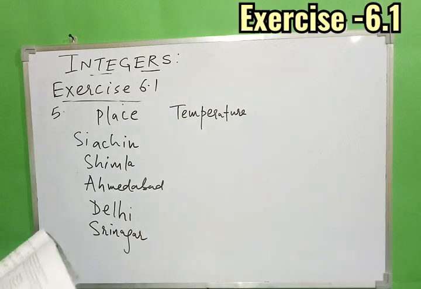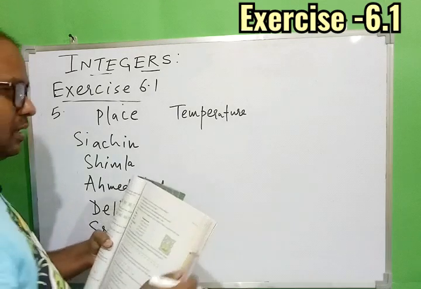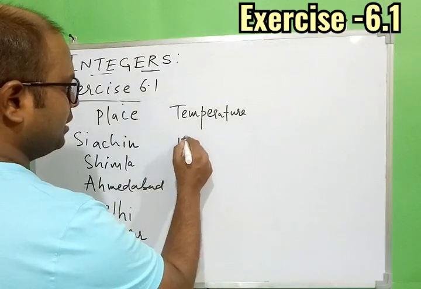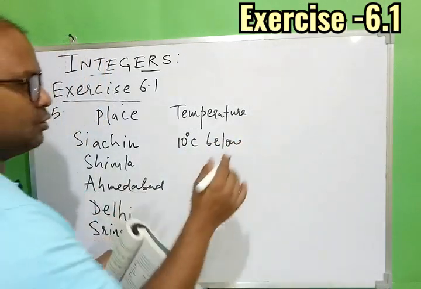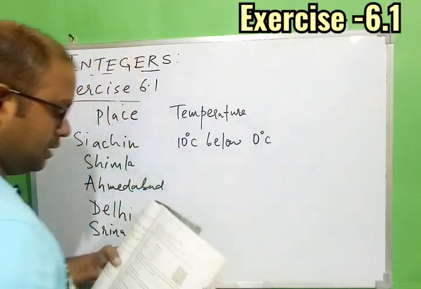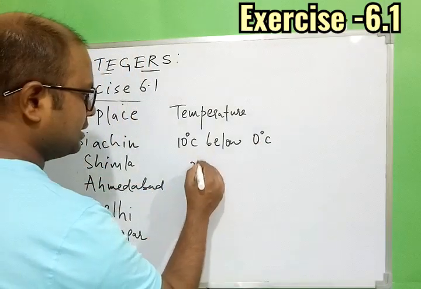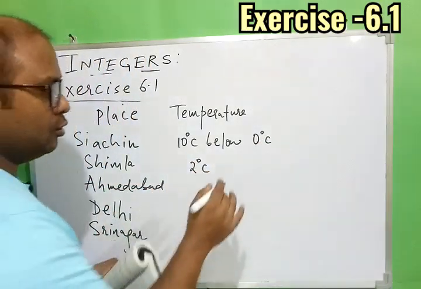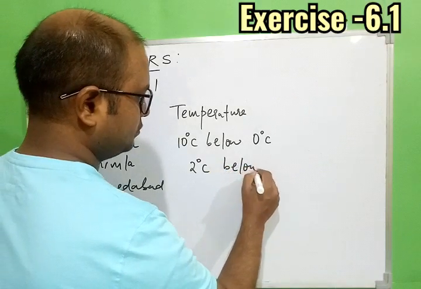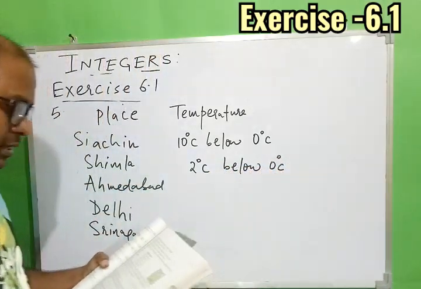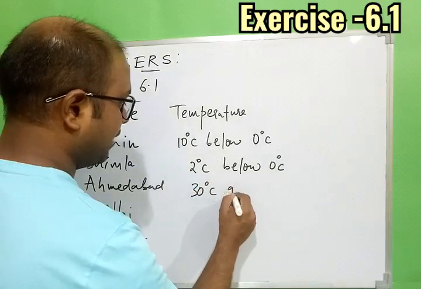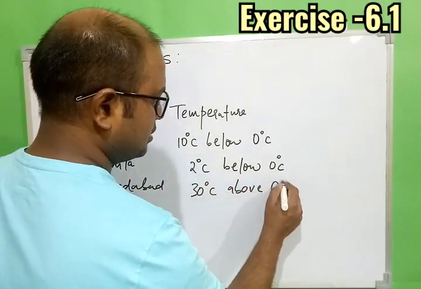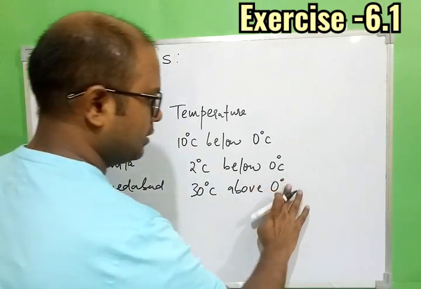So the names of the places are given, and on the other side the temperature is given in statement form, that is 10 degrees Celsius below 0 degrees Celsius. Okay, then 2 degrees Celsius below 0 degrees Celsius, then we have 30 degrees Celsius above 0 degrees Celsius.